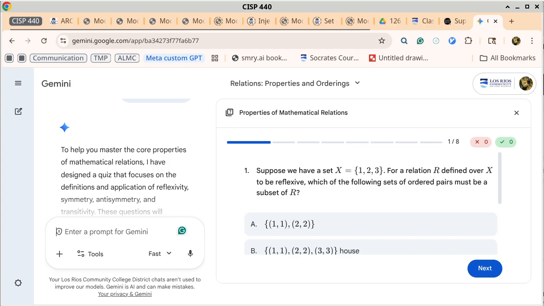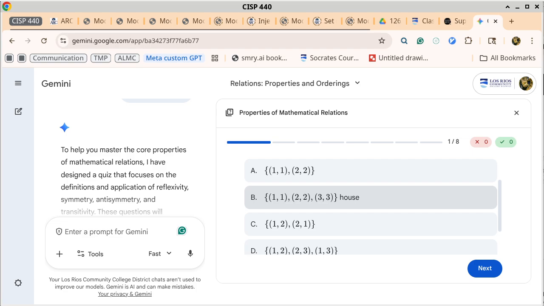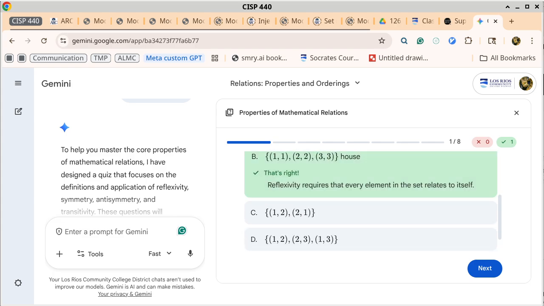Suppose we have a set X equals 1 to 3, and for a relation R defined over X to be reflexive, which of the following sets of ordered pairs must be a subset of R? It will be this one here. I don't understand why that other option is here, but that's the correct answer.